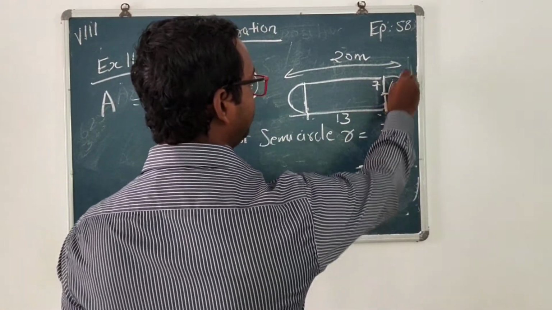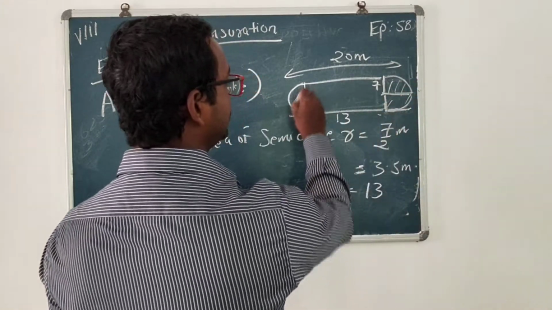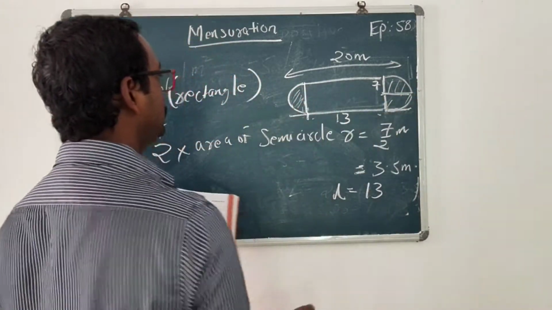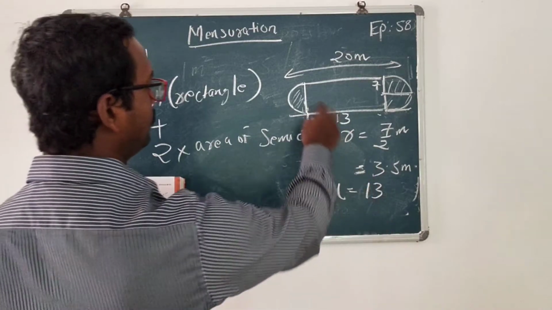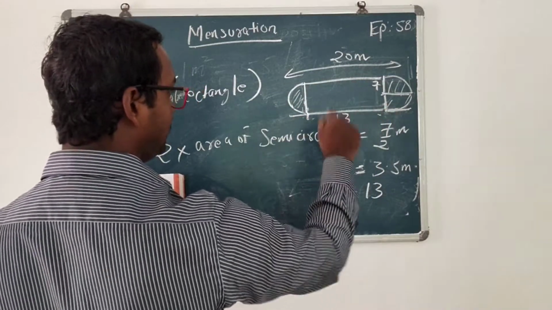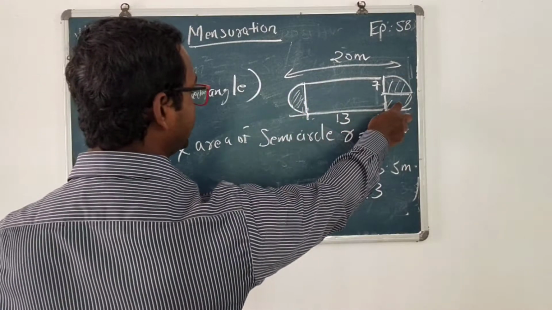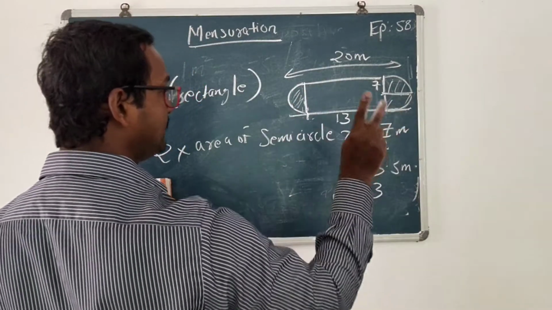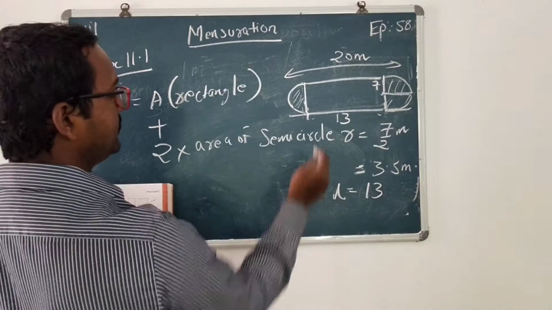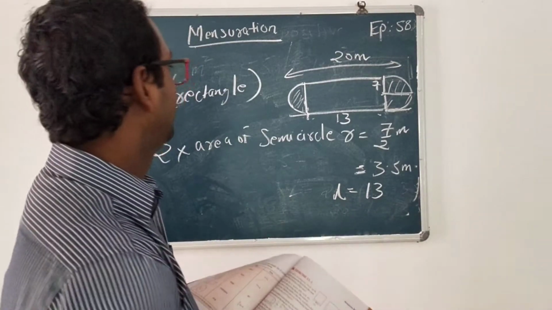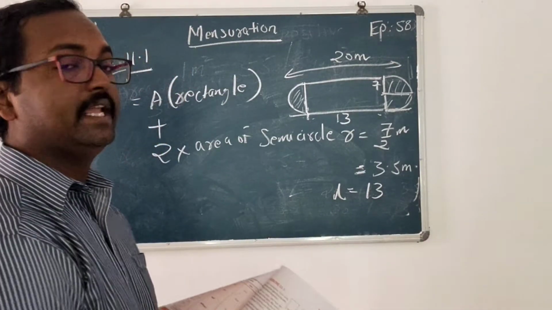Whatever area you get for this semicircle, you will get for this semicircle also. So to find the entire area, we have to find the area of the rectangle plus 2 into the area of a semicircle. Here one semicircle is there, here also one semicircle is there. Now let's start with finding the area of the rectangle.